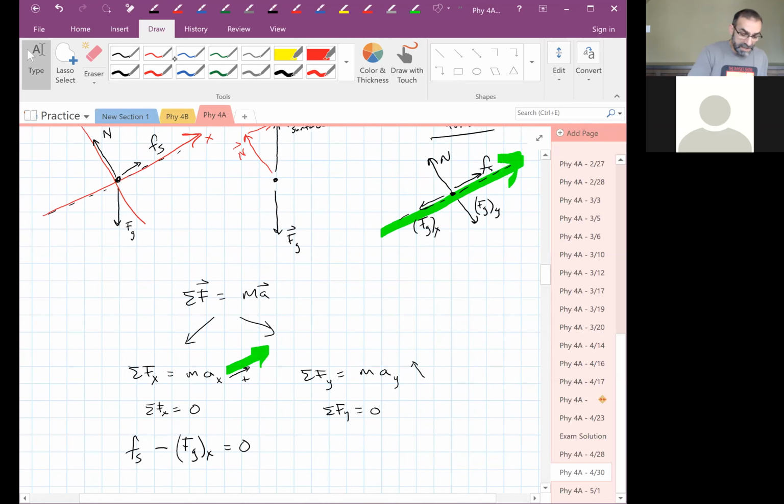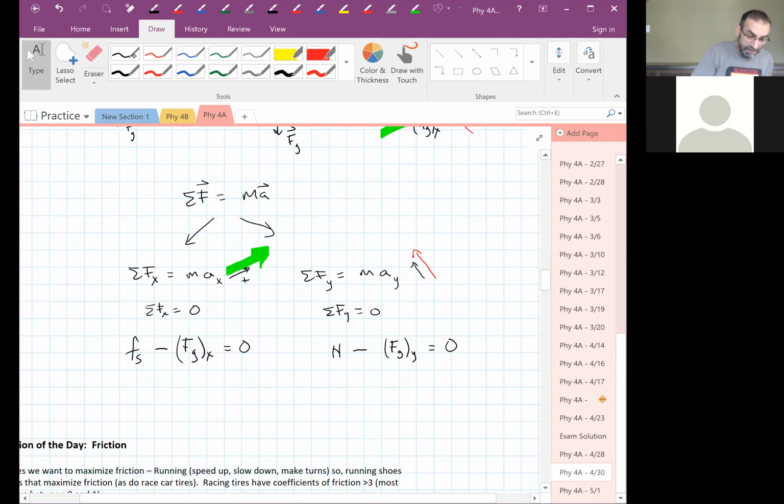And then in the y direction, I'll use red here. The y direction is this one. So in the positive direction, I've got my normal force there, right? Pointing in the positive direction. And in the negative direction, minus, I have Fgy. And those have to add up to be 0. I have no acceleration in that direction. And now I can plug in what I know for these different things.